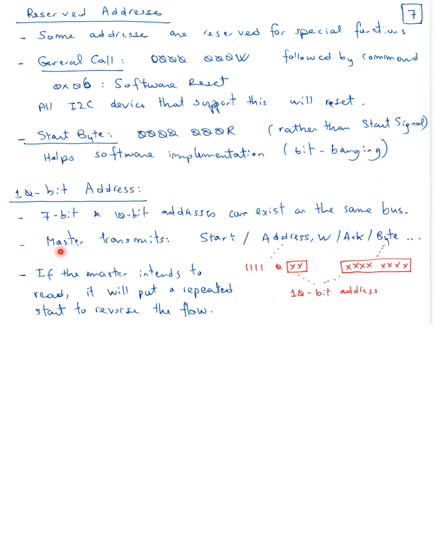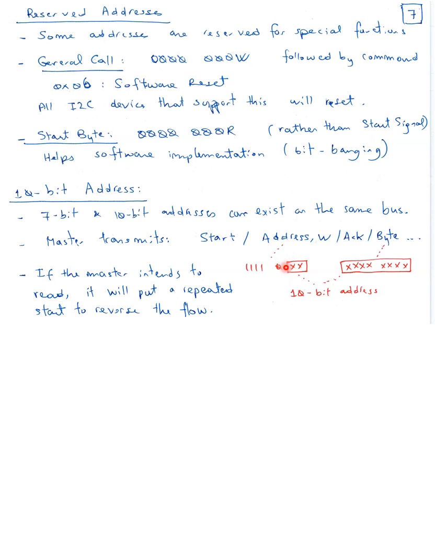So when the master intends to communicate with a 10-bit address, it's always gonna start with a W. It's gonna transmit these 5 bits, 11110, followed by these 2 bits of the 10-bit address. So the first 2 bits of the 10-bit address will go here. Assuming the device will acknowledge, the next byte will contain the remaining 8 bits of the address.